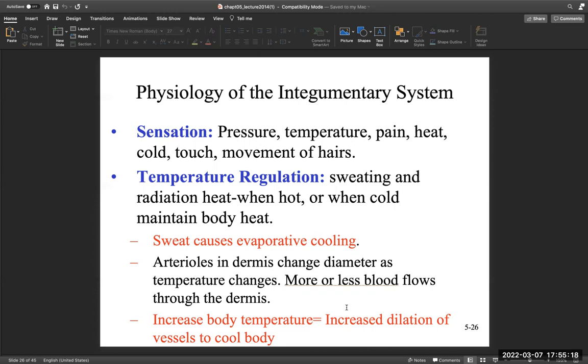Your body produces this watery sweat, and because it's about 90% water, that sweat goes right onto the surface of your skin. Since it's dry heat, that sweat evaporates immediately, cooling the skin. What happens then? Blood vessels in your dermal papilla, close to the epidermis, vasodilate. As they dilate, you bring more blood through those very superficial capillary beds.